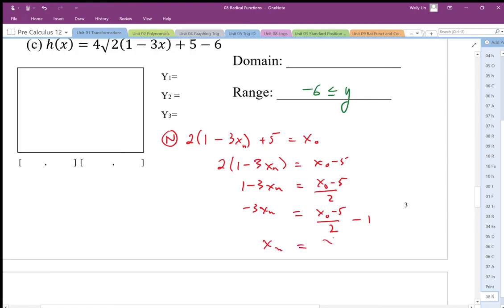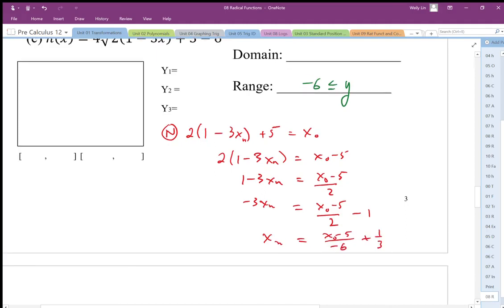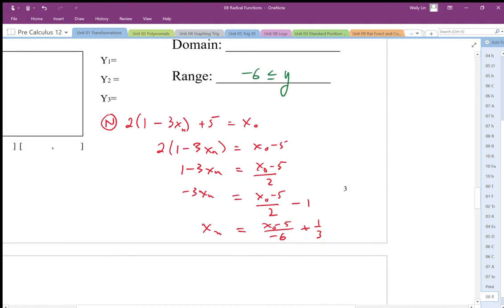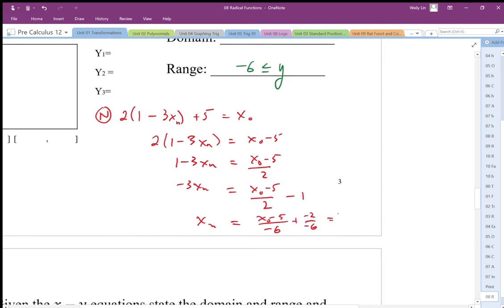So I'm going to end up with x minus 5 over negative 6 plus 1/3. Let's put this all under one denominator, so that's going to be plus 2 over 6. Let's make it a common denominator. Minus is going to be plus negative 2 over negative 6. So we're going to end up with x minus 7 over negative 6.